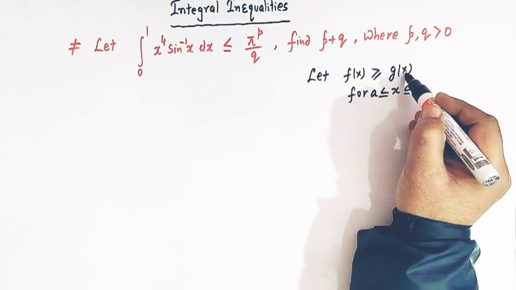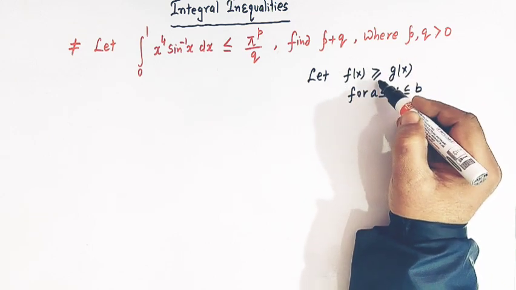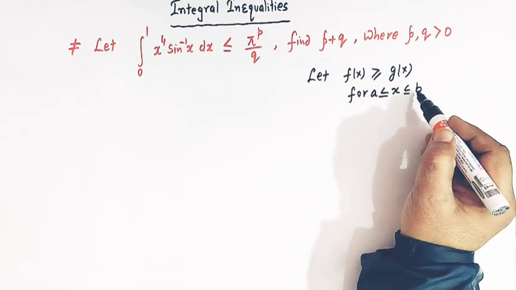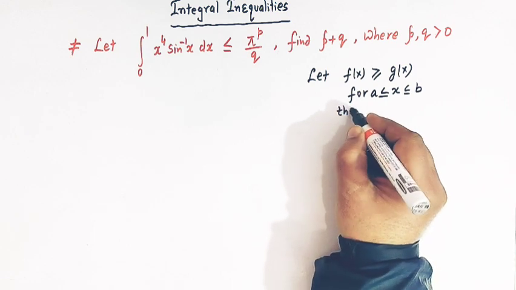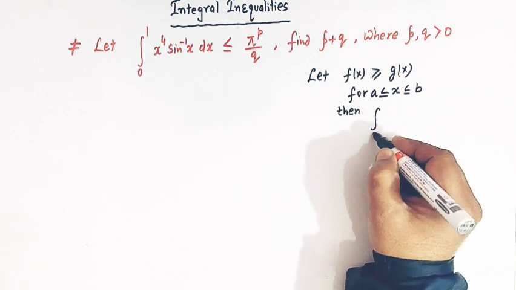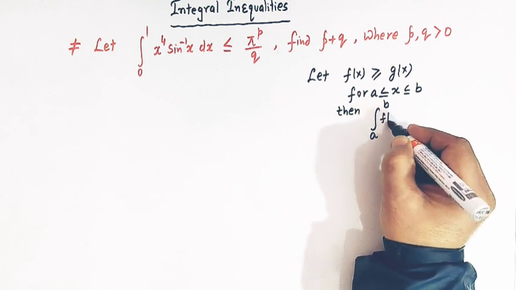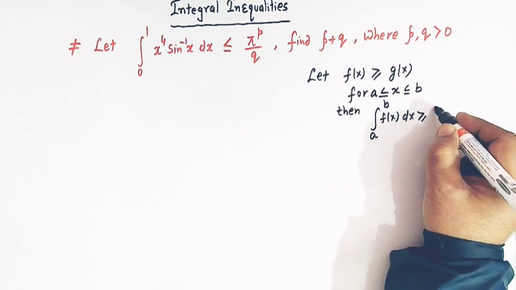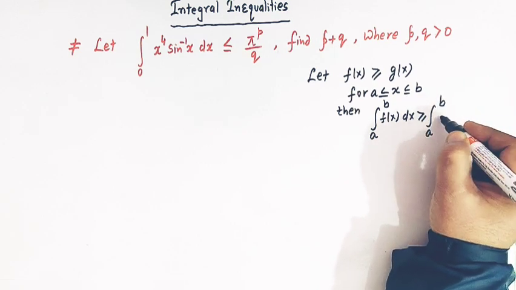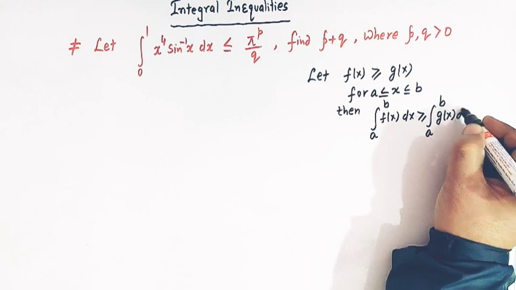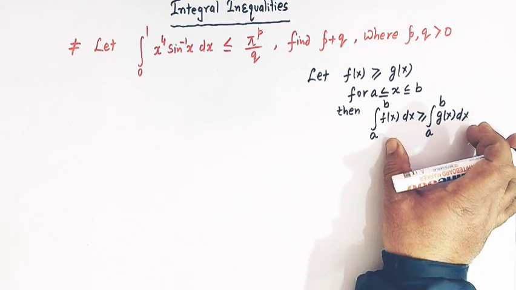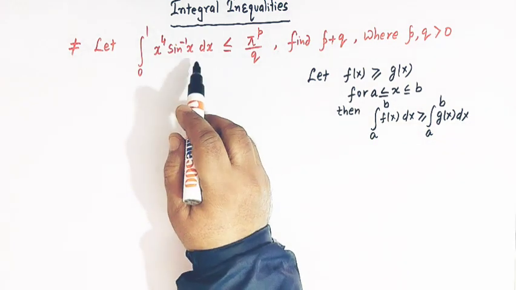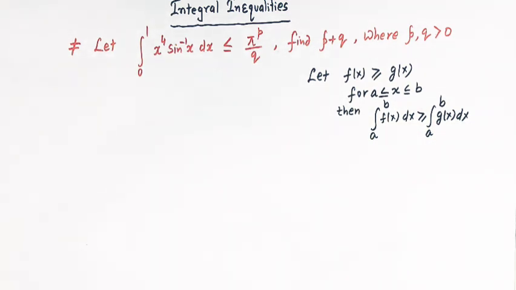So if f of x is greater than or equal to g of x in this interval, that is from a to b, then we can claim that the integral from a to b f of x dx should be greater than or equal to the integral a to b g of x dx, right? So this is the integral inequality which is going to be used to solve this problem.